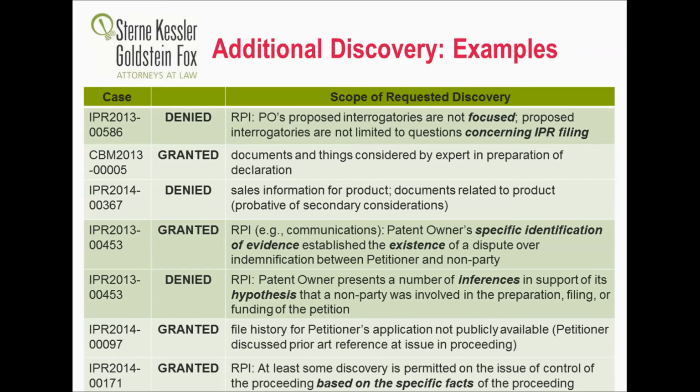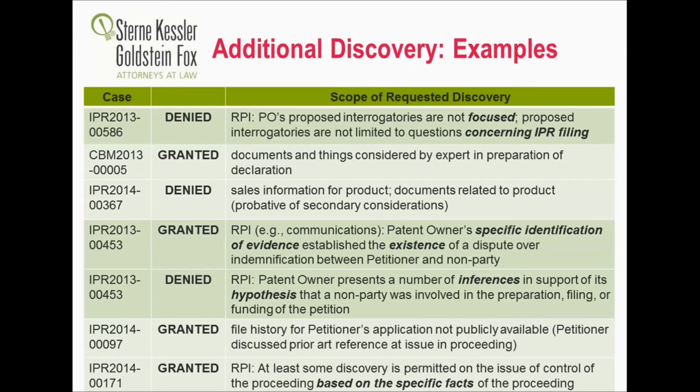Therefore, they were allowed to get additional communications between the parties to try and establish control necessary for real party in interest. But you can see in another case it was denied because there wasn't enough evidence to establish that there was an involvement. So there's a number of other cases, but you can see they all fall along the same line. For an IPR, you have to have evidence more than mere speculation, or you're not going to get through the door.